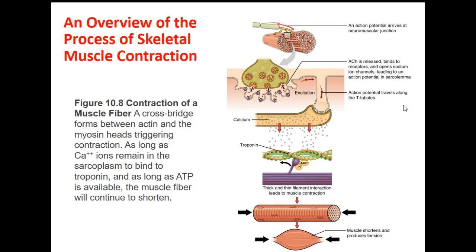All these calcium ions flood into the sarcomeres, cause the tropomyosin to move off the binding sites on the thin filaments, and all these myofibrils get shorter, so the whole muscle fiber gets shorter.